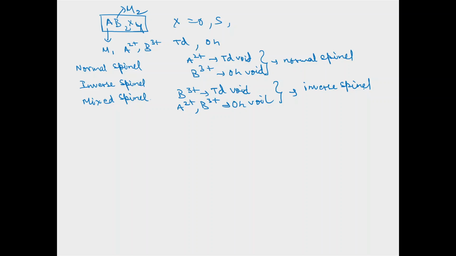And if the molecule is a mix of both normal and inverse spinel, then we call it a mixed spinel structure.